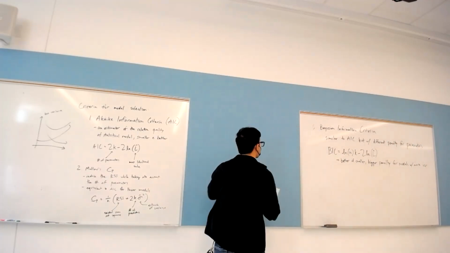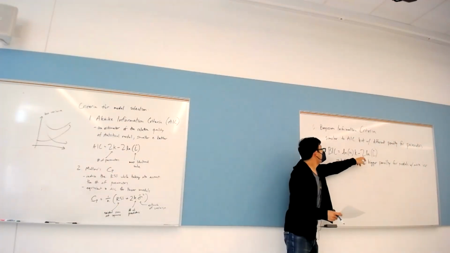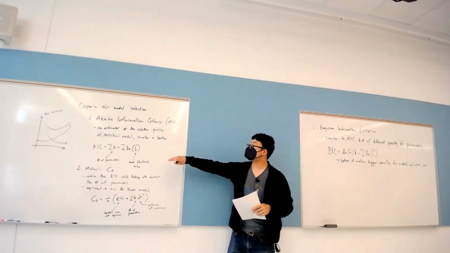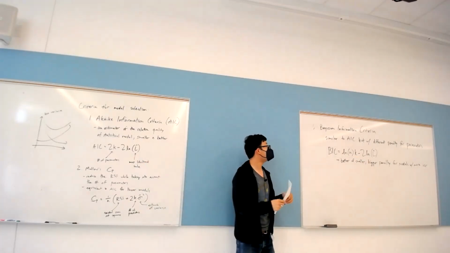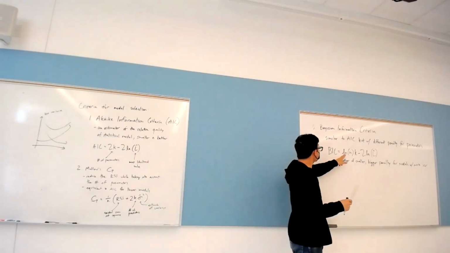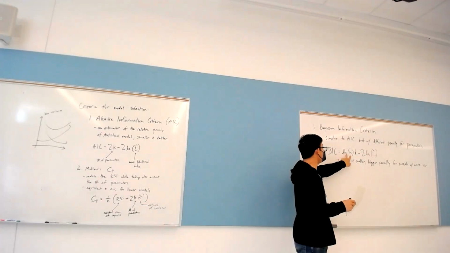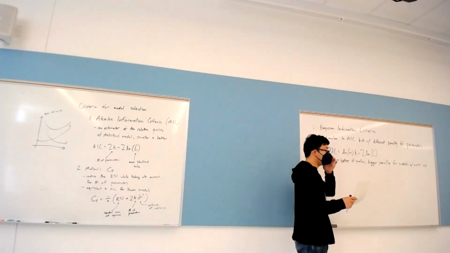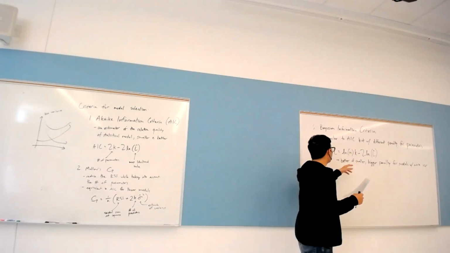Okay, so you can see this portion is the same as my AIC, but my penalty for the number of parameters is different. It's ln n, the number of data points, times the number of parameters.